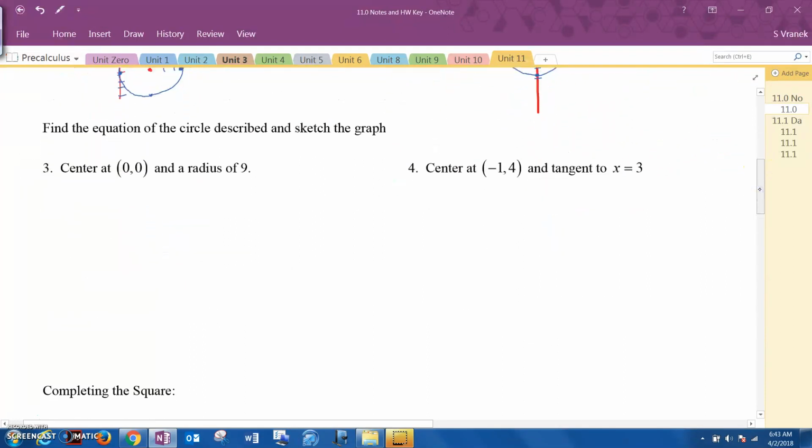Now this one's a little different. I'm going to tell you some information and you have to sketch it and also come up with the equation. I would recommend sketching it first, just because then you know what's going on. A radius of 9. Whoa. That's a lot.